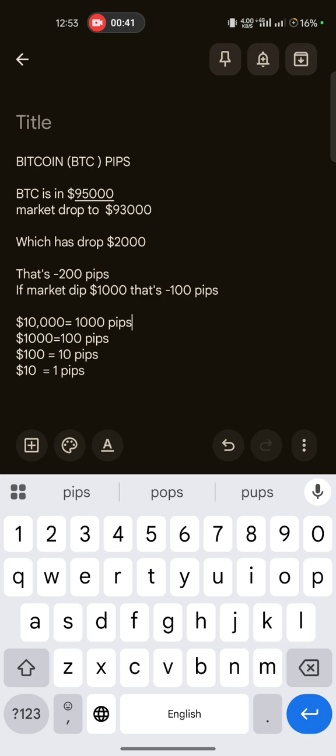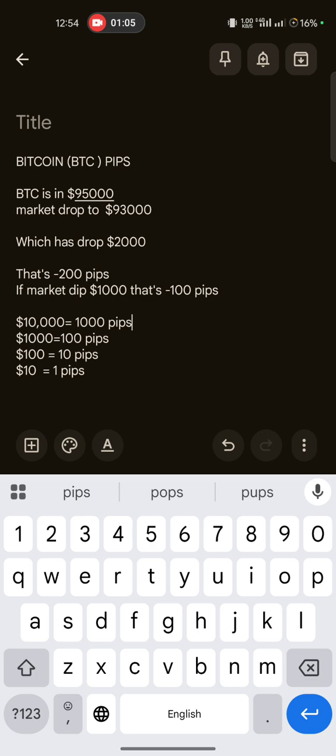Firstly, let's assume the current market is $95,000 and the market drops to 93,000, which means the market has dropped $2,000. Then you don't need to stress yourself.